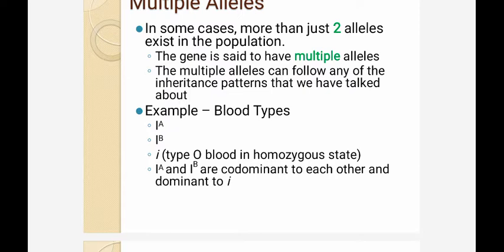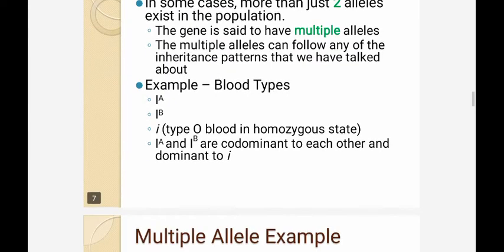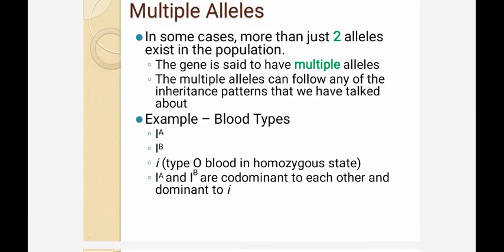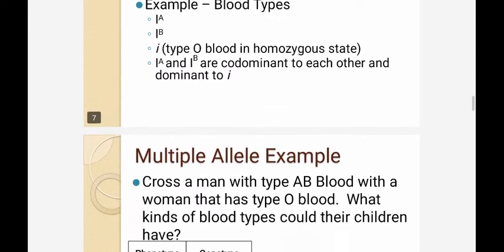These multiple alleles can follow any of the inheritance patterns that we have talked about. Example: blood group types. I have explained this in an earlier class also. IA, IB, and small i, which is O blood in the homozygous state. IA and IB are codominant with each other.